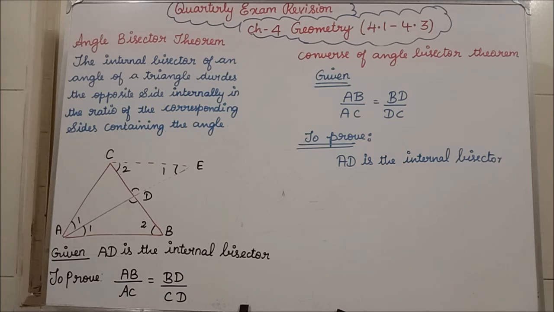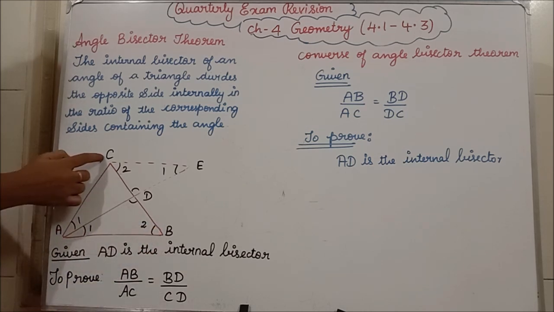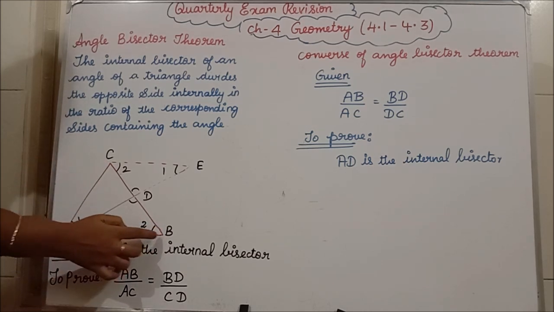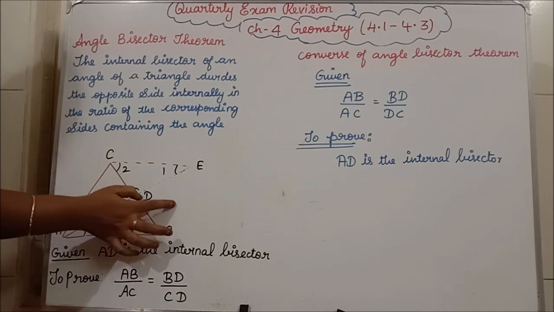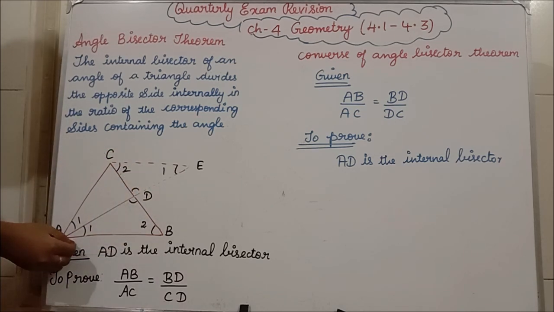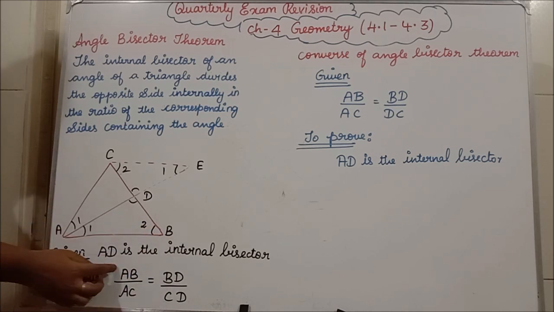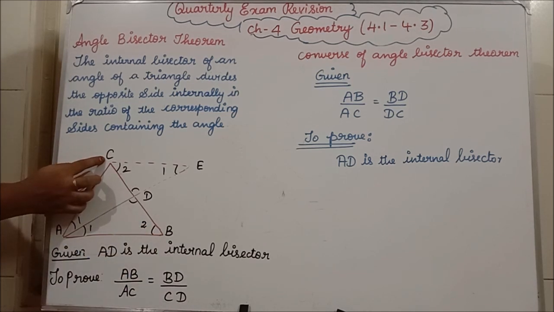Here, AB divided by AC is equal to BD divided by the remaining CD. If AB is coming, then the corresponding side is AC.